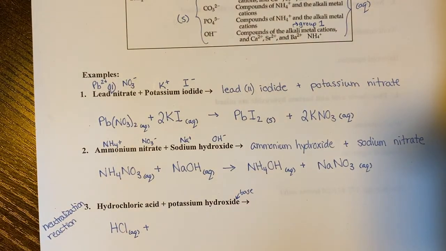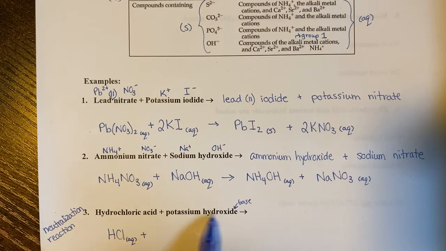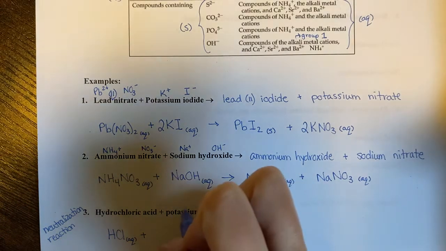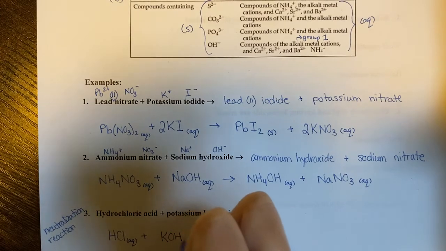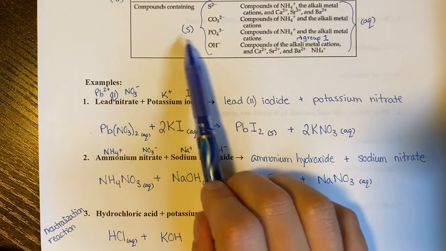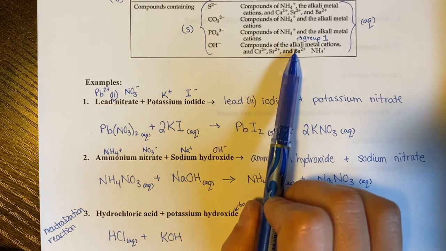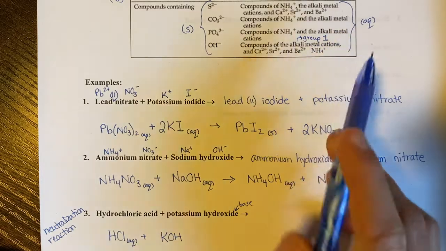All acids and bases are aqueous. Potassium hydroxide, potassium is K plus, hydroxide is OH minus, so we're going to get KOH. Hydroxide is normally a solid, but potassium is an alkali group 1 metal, so that's one of the exceptions, which means it's going to be aqueous.